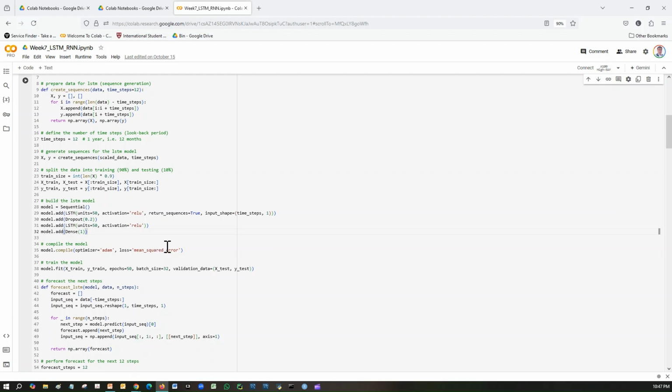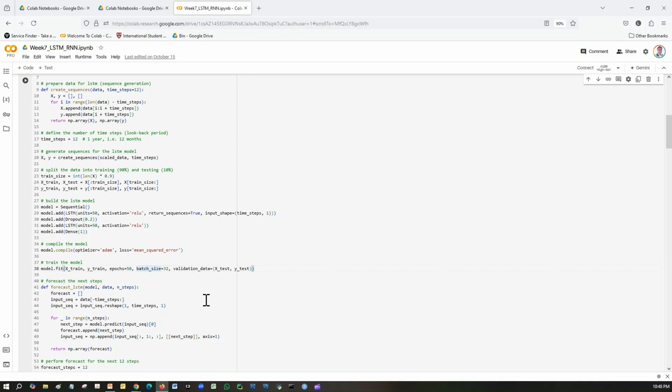So one way we could do better is to enhance this neural network by introducing more layers, for instance. Another way is to increase the number of epochs in training. Right here, we see that it is just 50.